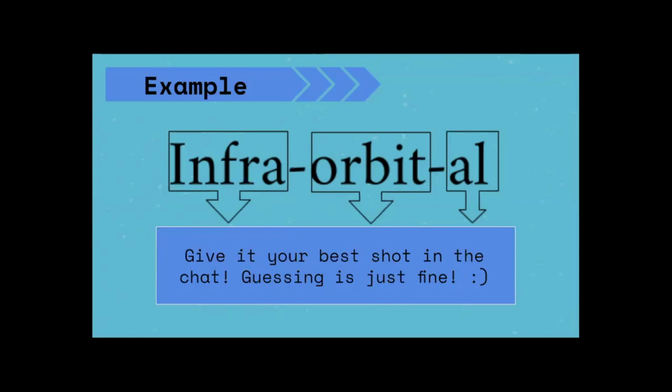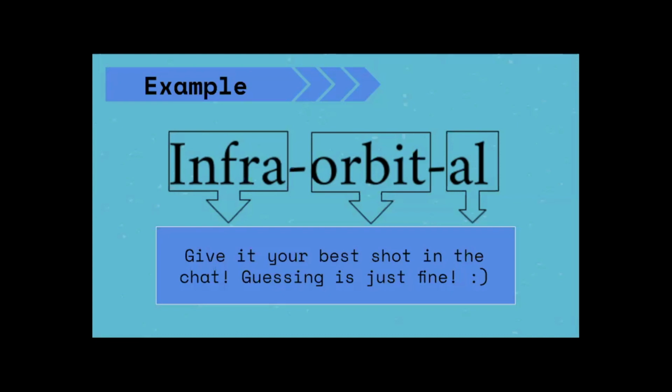So I want you guys to guess. I know that you might not know what infra means or orbital means, but if you want to guess, go ahead. Does it mean like kind of like guessing something, or like? So when you see this word, what comes to mind? It has the word infer or something pretty similar to it.